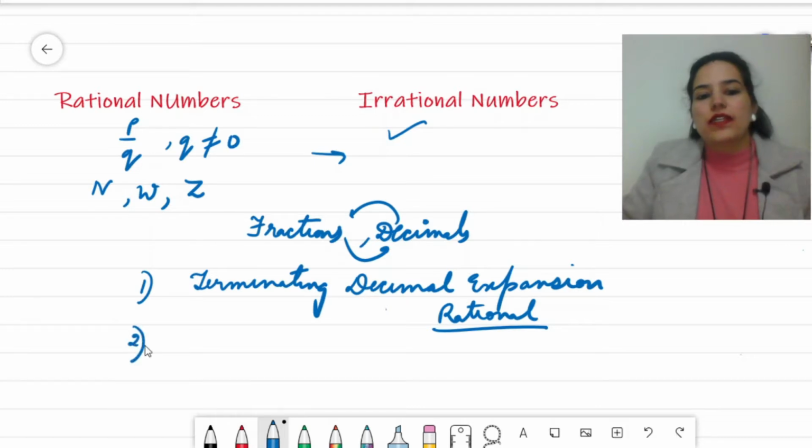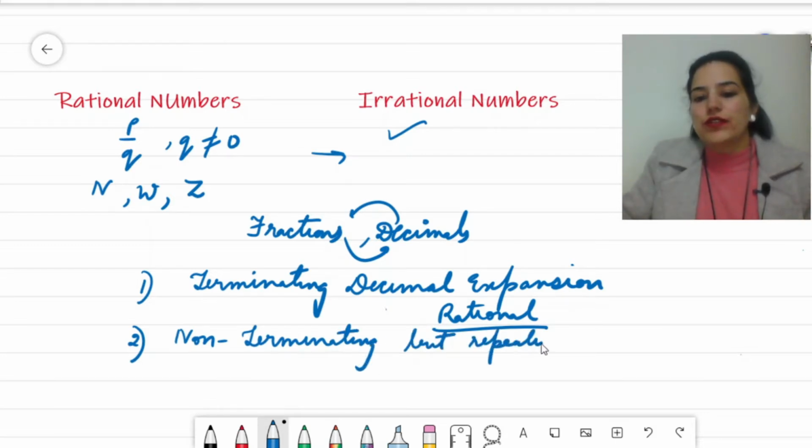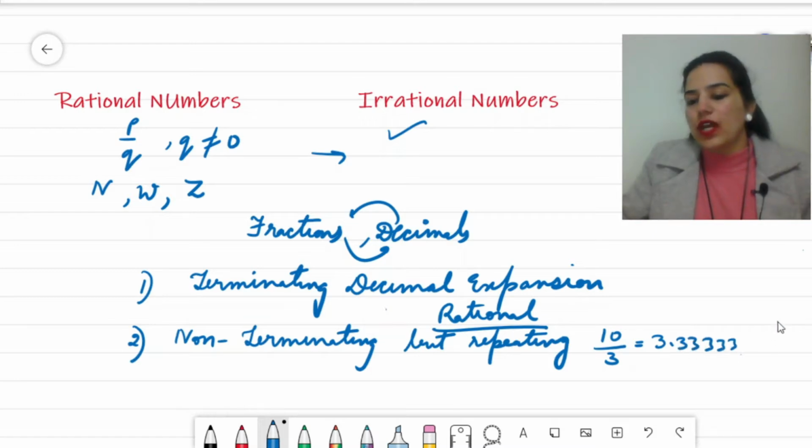Then the second is, when you convert that fraction into a decimal, it is non-terminating but repeating. There is a pattern, a number which will continuously repeat itself. Like when you divide 10 by 3, you get 3.3333 continued and you write it as 3.3 bar.